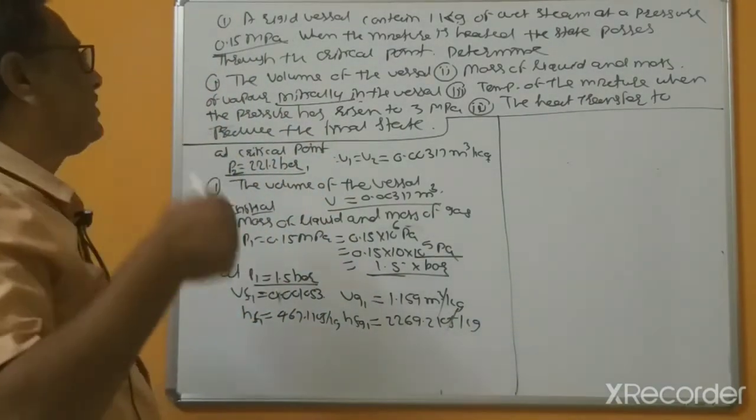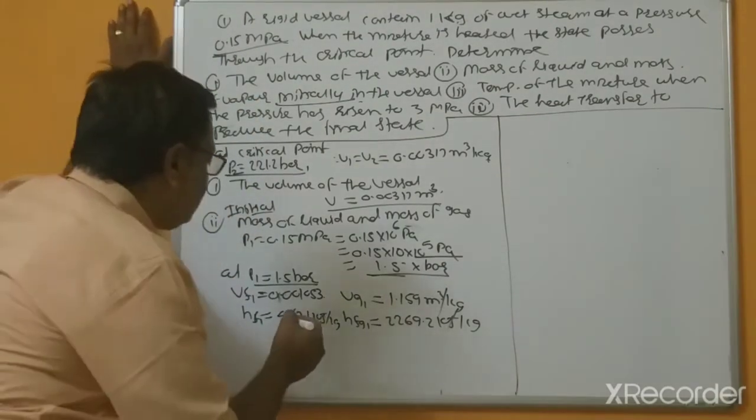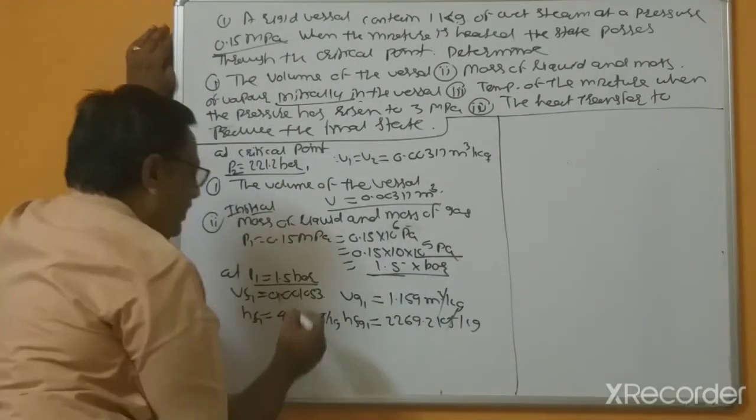Mass of liquid. Suppose mass of the liquid plus mass of the gas is given as 1 kg.